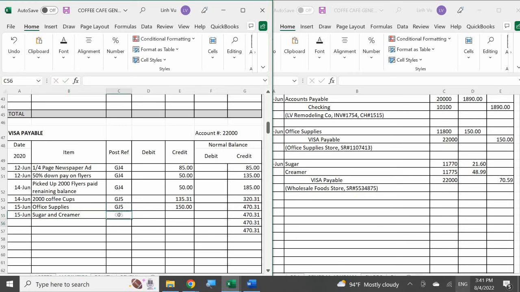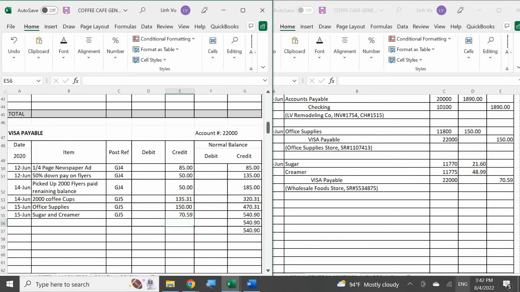Page 5. And then total credit of $70.59. And so our credit total is $540.90. Yep. $540.90. Good.